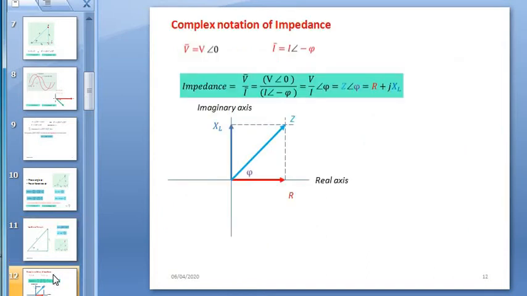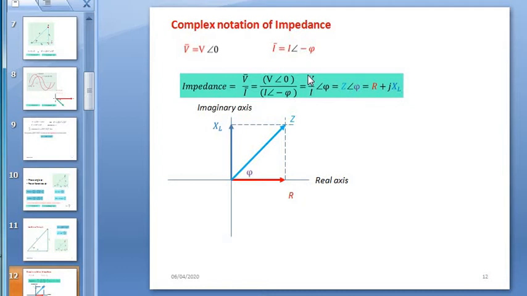Complex notation of impedance. If V is equal to V at an angle 0, I is equal to I at an angle minus phi. Since current was lagging, therefore minus phi. How to get the impedance? Impedance is the ratio of voltage to current, V at an angle 0 divided by I at an angle minus phi.